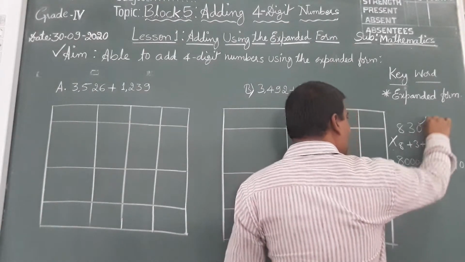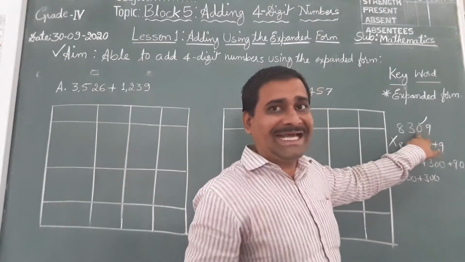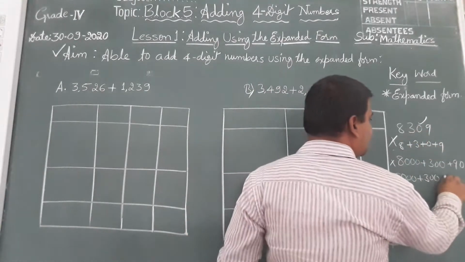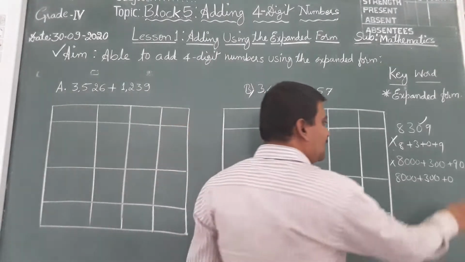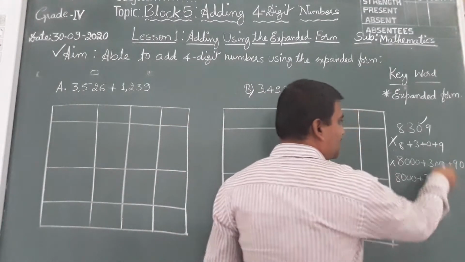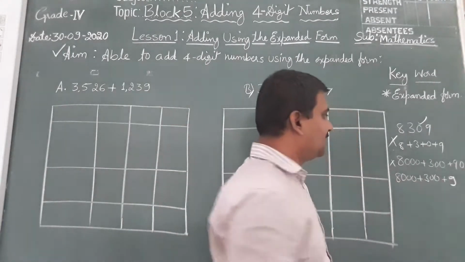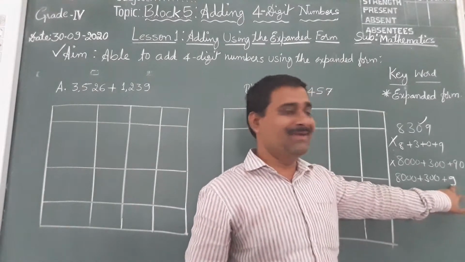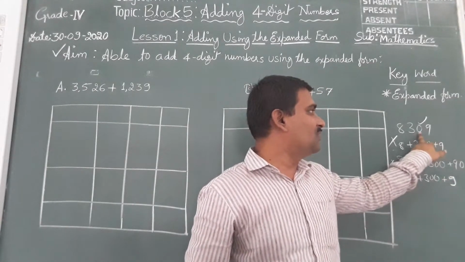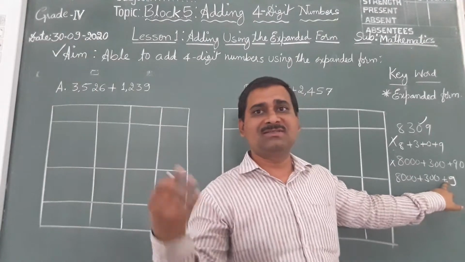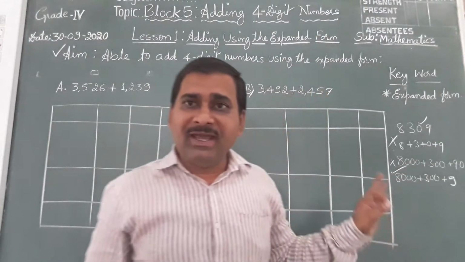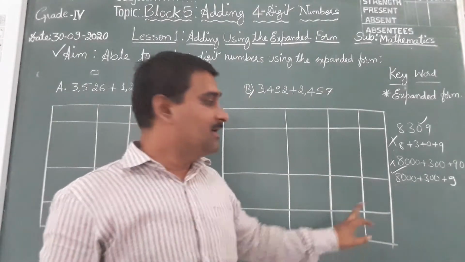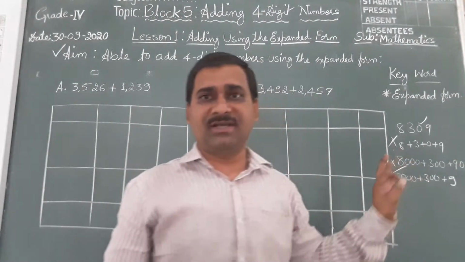There is no number in the tens place, so 0. Otherwise they will give 0, otherwise directly 9 is given with 300. There is no number in the tens place. So this is correct. You should be able to identify which expansion is correct.